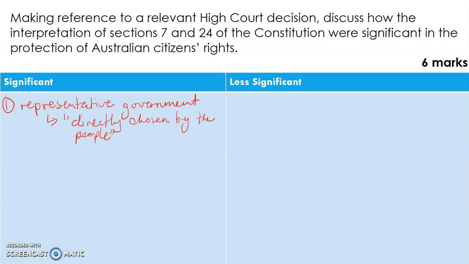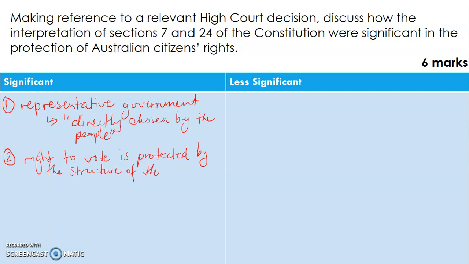But I want to make another point about the significance here. Okay. In that, what they found is that this system of representative government, the structure of the Constitution, protected the right to vote. So the right to vote is protected by the structure of the Constitution.